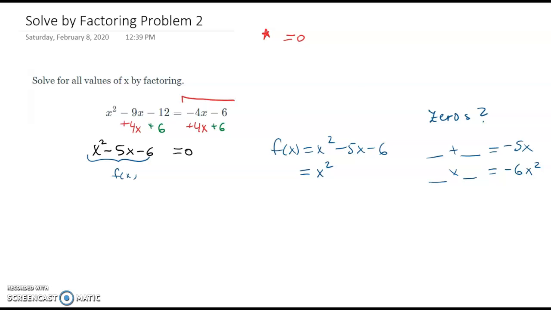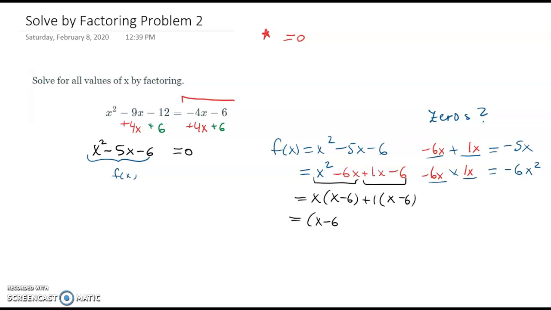The two terms that would work, let's think about this, I think negative 6x and 1x would work. So minus 6x plus 1x minus 6. Now that I have four terms, I can easily group. So I have x minus 6, 1x minus 6. We're doing great because everything matches up.